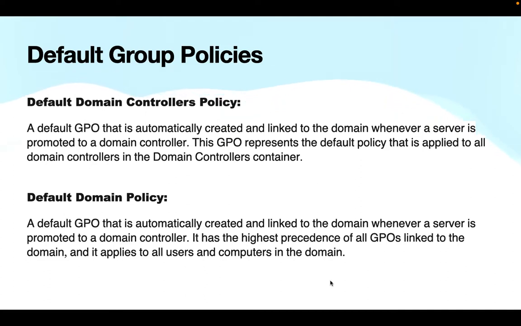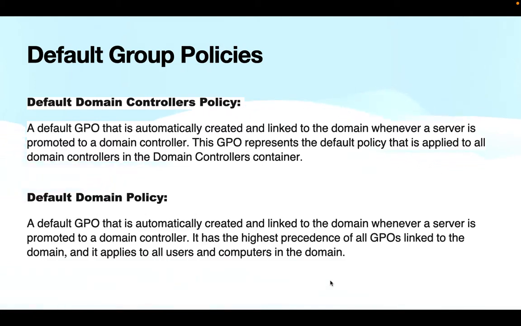A default domain controller policy is automatically created and linked to the domain whenever a server is promoted to a domain controller. In Active Directory we saw that some organizational units, called OUs, get created by default. There will be one OU called Domain Controllers.